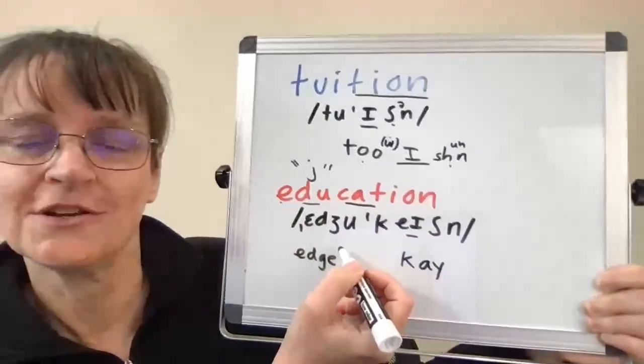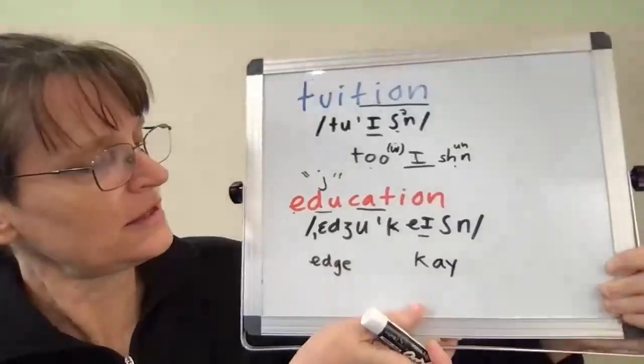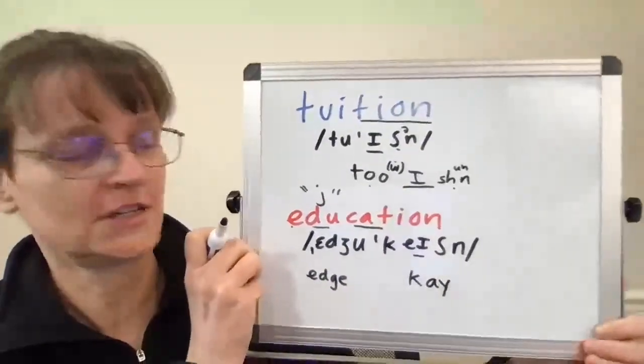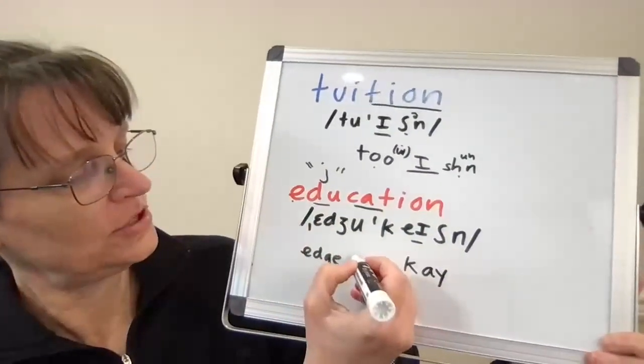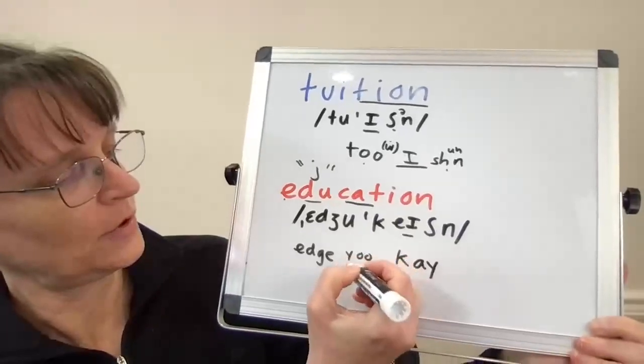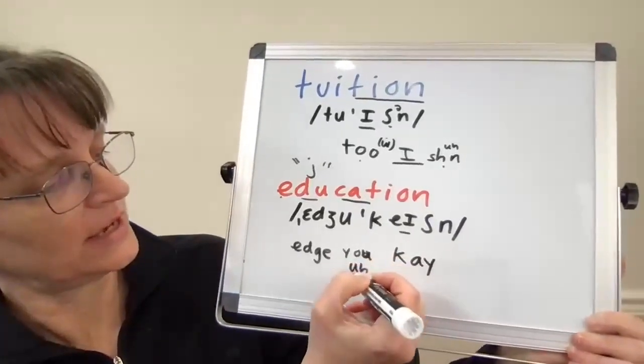Now, in some dictionaries, you may see education with a clear oo vowel. I think often Americans will say this more as education. So you can either do an edu, or edge, yeah, edja, education.